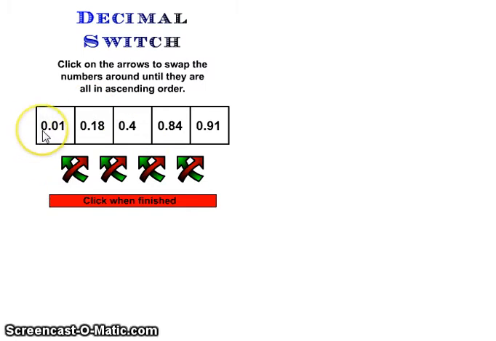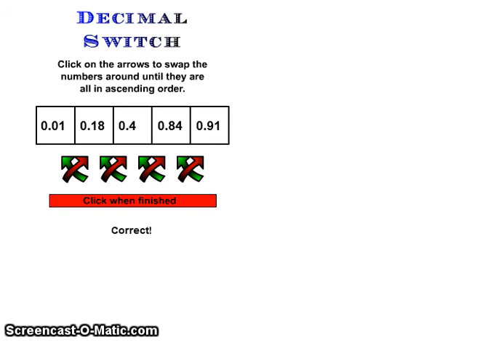If you think about the money approach that I showed you, it would actually be right, because 1 cent is the least, 18 cents is next, 0.4 doesn't mean 4 cents because it means 4 tenths. Remember? So it would actually be 40 cents, 84 cents, and 91 cents, which is the greatest. Let's see if we're right. Correct. Good job.